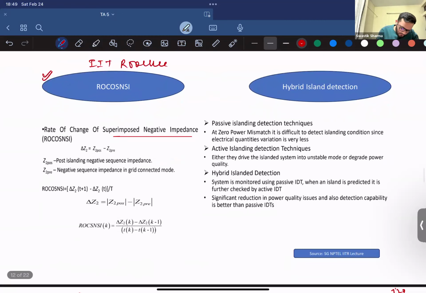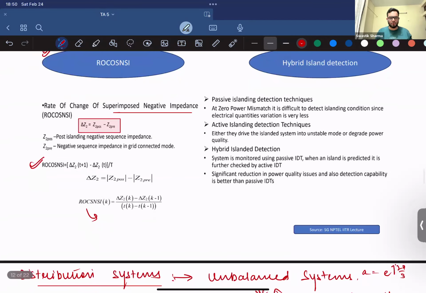They superimposed it by subtracting from each other, saw how it varied with time, and constructed an index based on that, called the rate of change of superimposed negative impedance index.